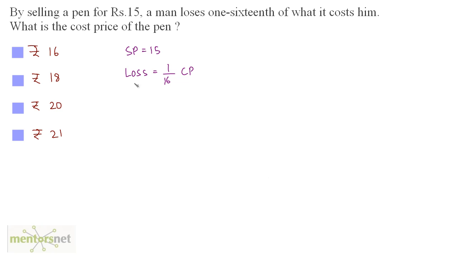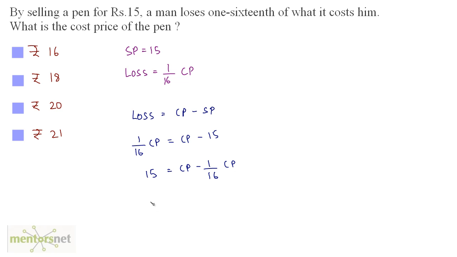Now we know the formula for loss, and we have the selling price and loss. So we can calculate the cost price. So loss is equals to the cost price minus the selling price. So therefore the loss 1/16th of cost price is equals to cost price minus the selling price 15. So I have 15 is equals to cost price minus 1/16th of the cost price.